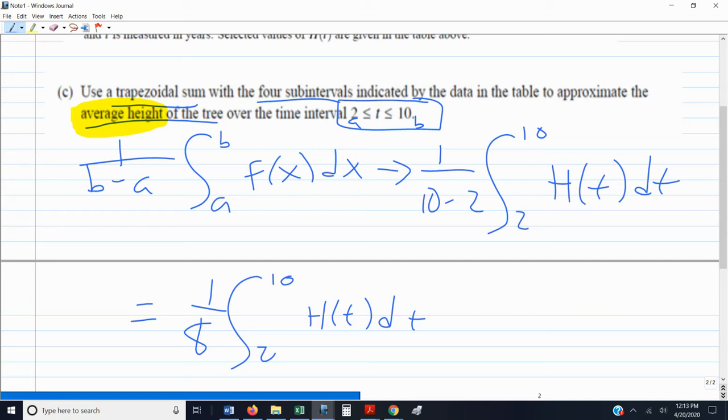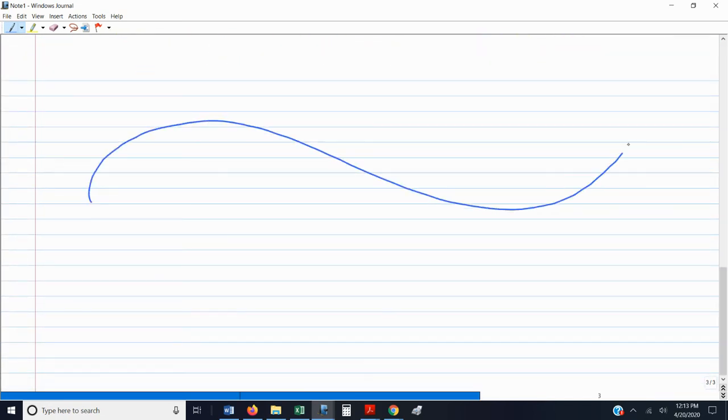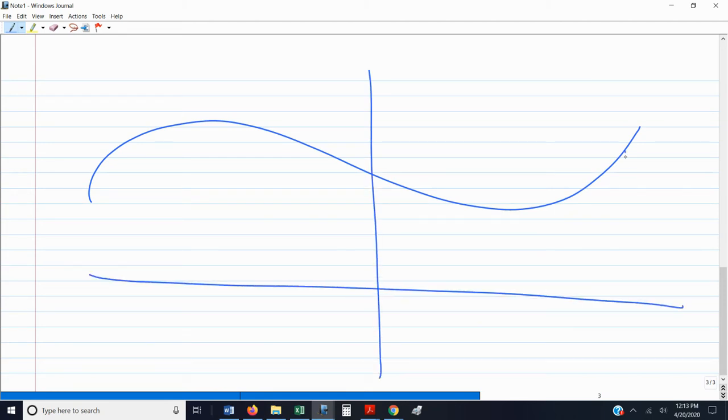And then this question also mentioned to use a trapezoidal sum. And just as a reminder, trapezoidal sum was a way that we could get area under the curve. So let's say we wanted to get this area. We had MRAM, RRAM, LRAM, and trapezoids.